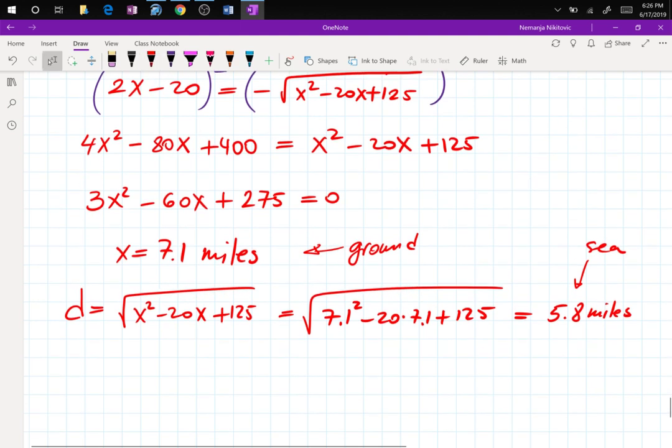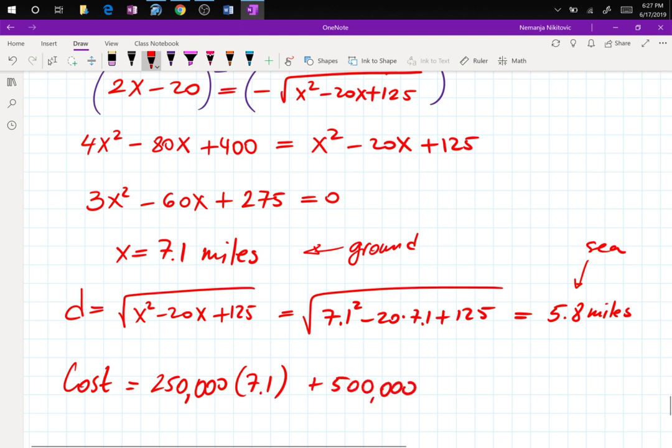So what's the cost? The cost of the red path is going to be 250,000 times 7.1 plus 500,000 times 5.8.